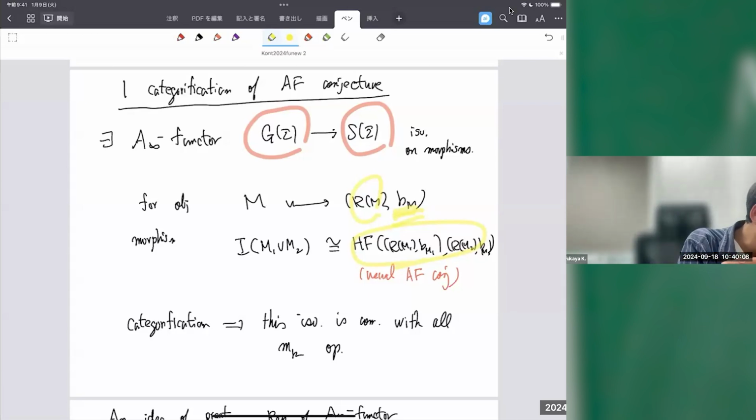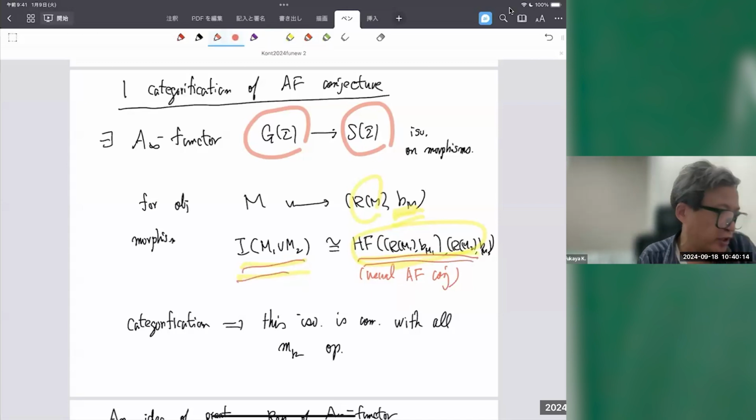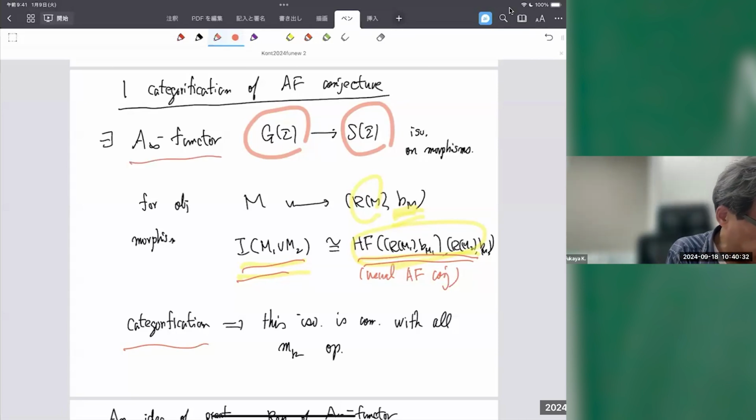So this isomorphism between instanton Floer homology and Lagrangian Floer homology is the usual Atiyah-Floer conjecture, which we believe we can prove, but it is not yet written. Then the categorification is that these two can be upgraded to an infinity functor, which gives an isomorphism on the cohomology of the morphisms. So this is something like a fully faithful embedding.